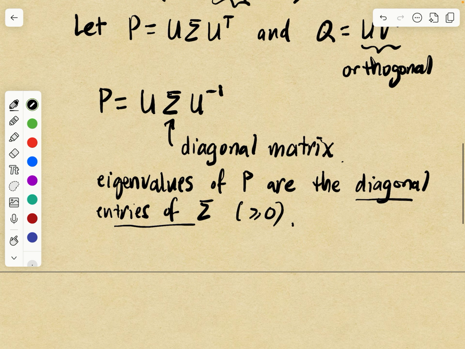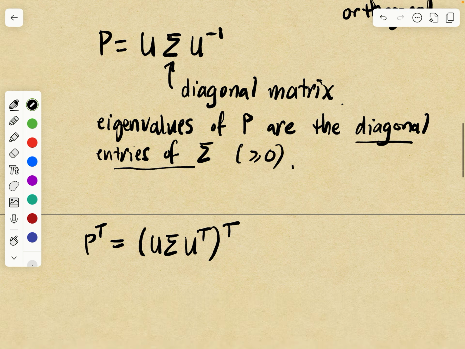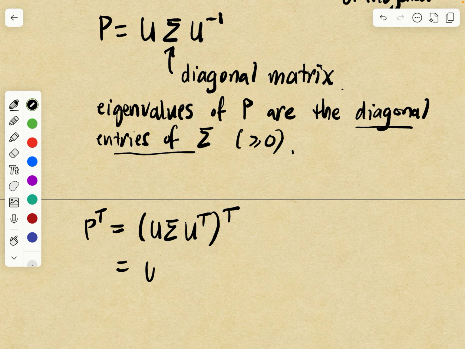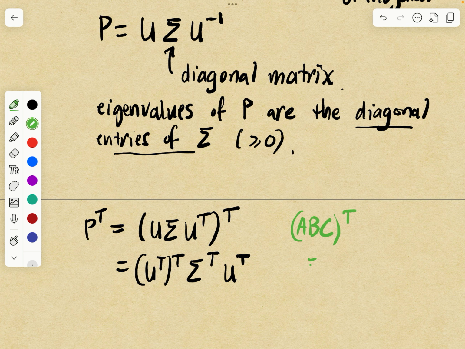Now how do we know that this matrix is symmetric? Well, let's take the transpose. We want to show that you get P. If you take U sigma U transpose and take the transpose of that, this is going to be U transpose transpose times sigma transpose times U transpose, because the transpose of A times B times C is C transpose, B transpose, A transpose.